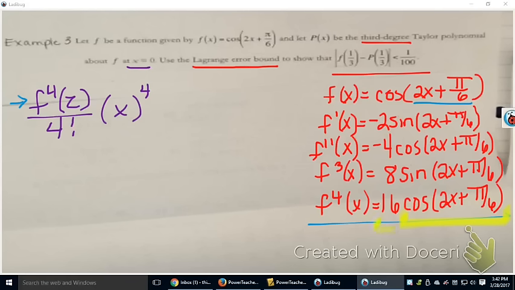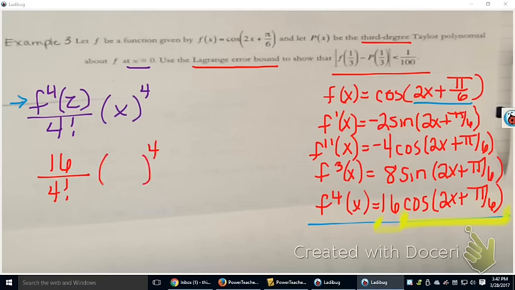But I'm multiplying it by 16. 16 is the amplitude, and so if you think about the amplitude with cosine, it's not negative 1 to 1 anymore, now it's negative 16 to 16. So the biggest value of the fourth derivative at z is going to be a 16 on top, and then 4 factorial, and then something raised to the fourth.